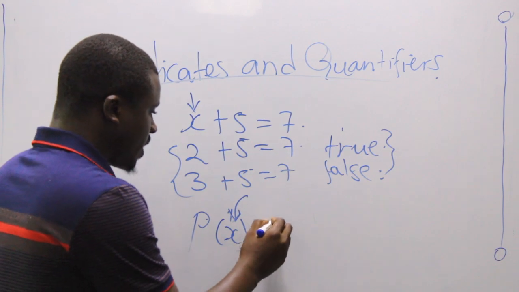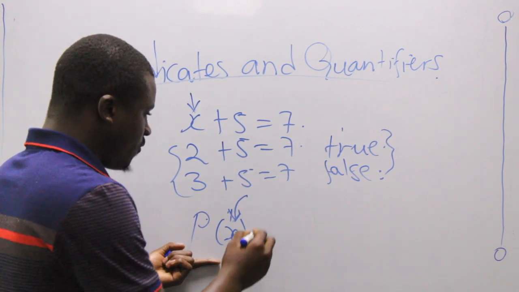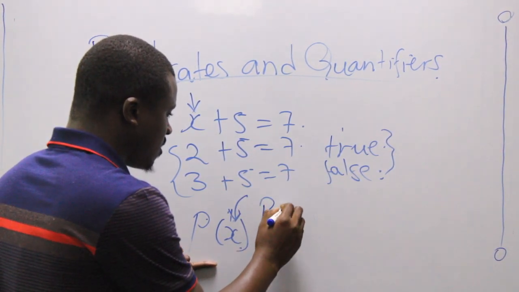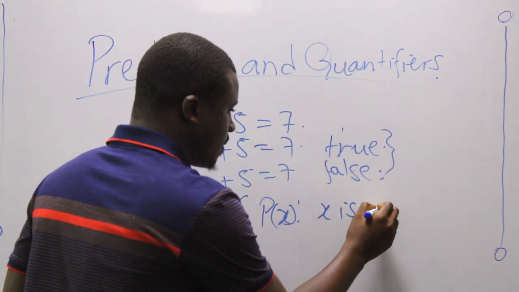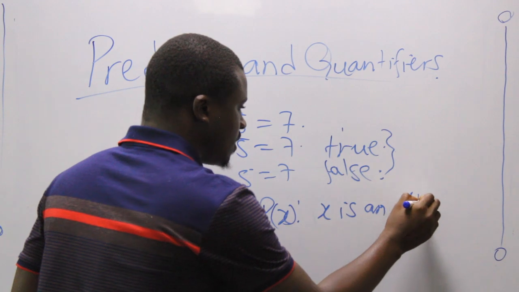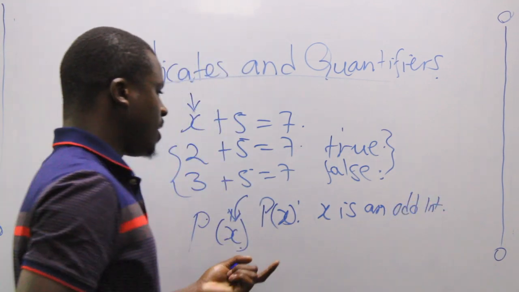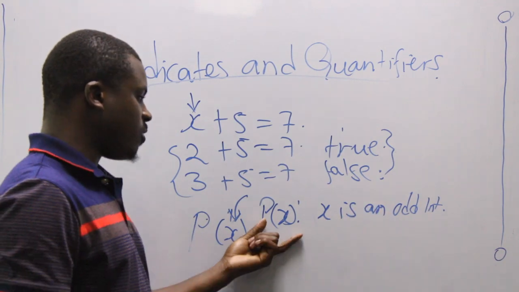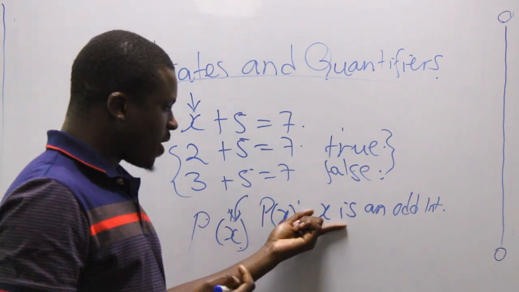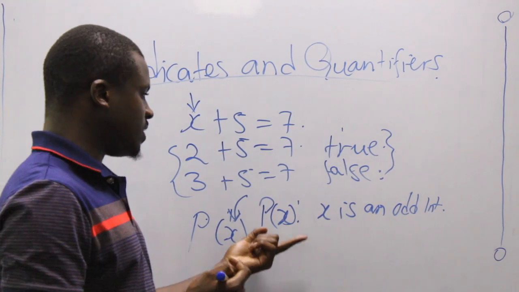For example, here we can say that P of x is such that x is an odd integer. So we know that P of x is true whenever we have x as an odd integer.